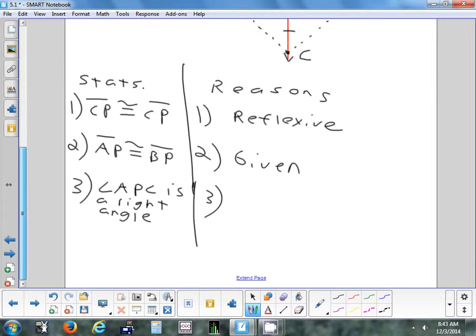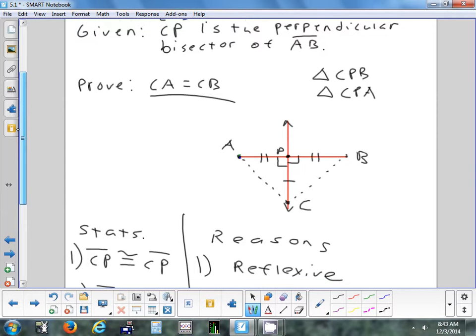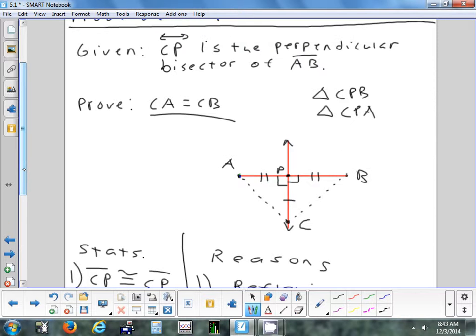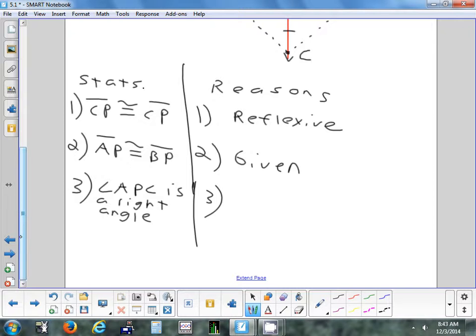And the reason? That's not the definition of perpendicular lines, but it is a theorem about them. If you have perpendicular lines, they form 4 right angles. We don't need the 2 on the top. That's not really going to help us. But we do need the 2 on the bottom. So just say 2 perpendicular lines form 4 right angles.